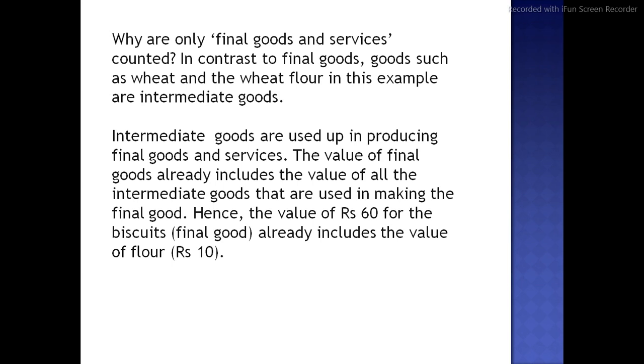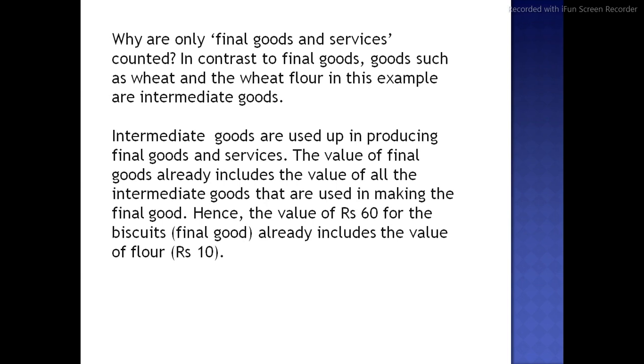To escape from that, note that intermediate goods are used up in producing final goods and services. The value of the final good already includes the value of the intermediate goods used in making it. Hence the value of rupees 60 for the biscuit, a final good, already includes the value of the flour, rupees 10.